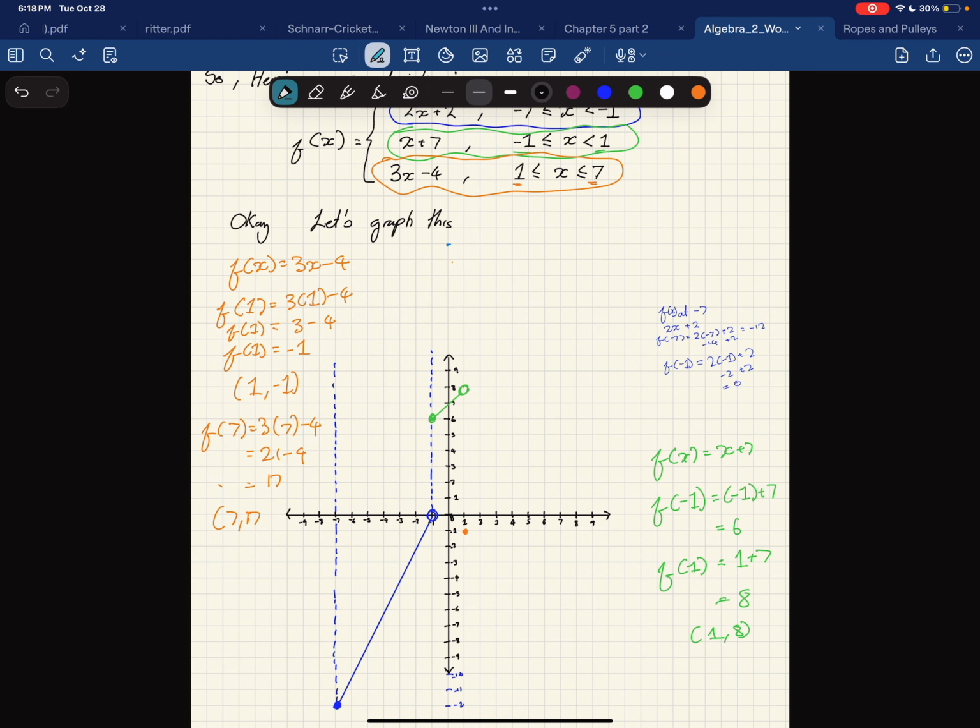It's very far, my axis is not big enough. So that's 17. So I go x equals 7. All right. And am I including? I'm including that point.